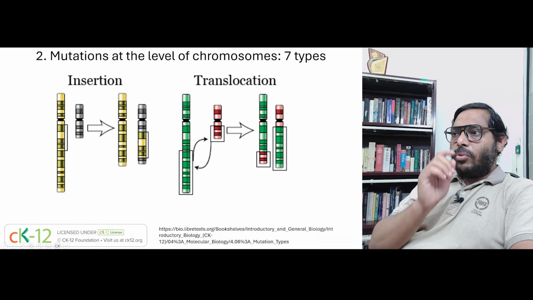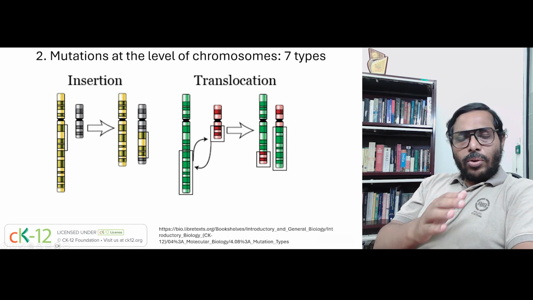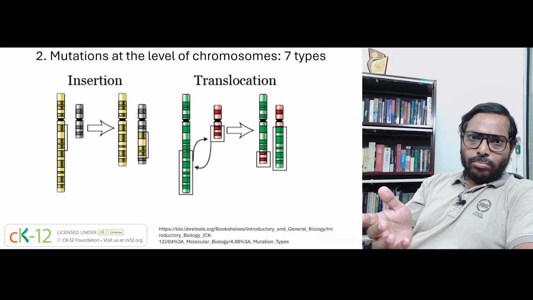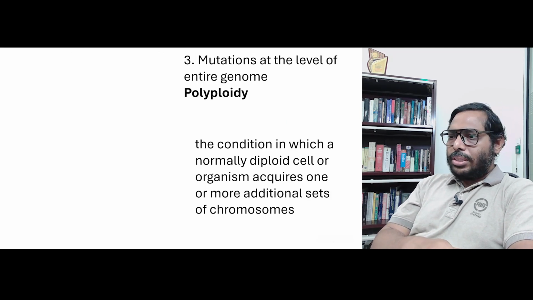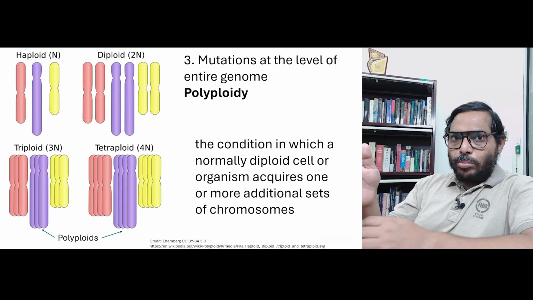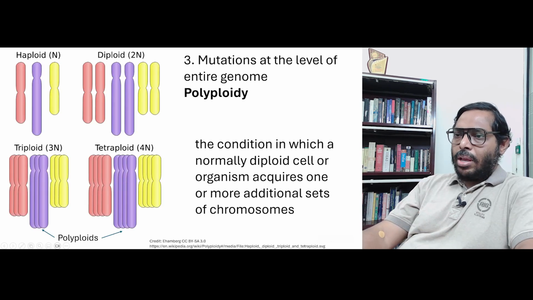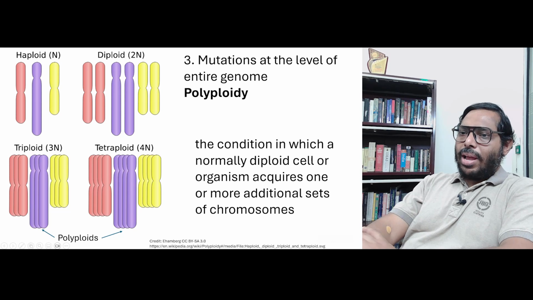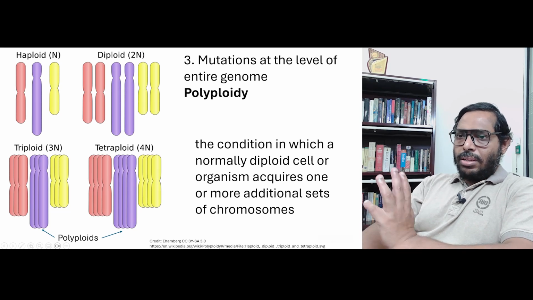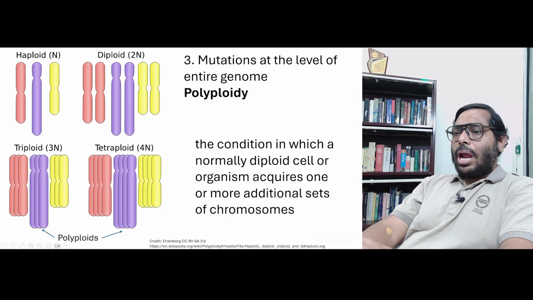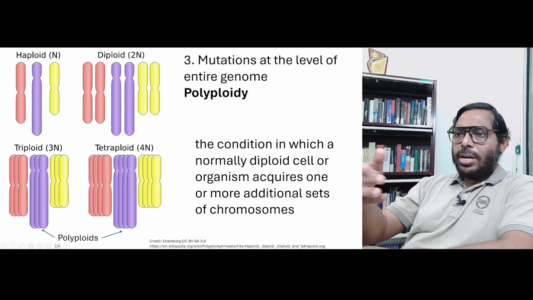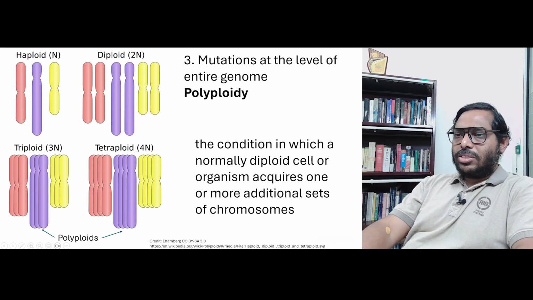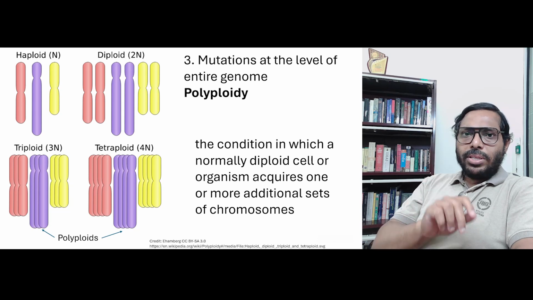We have already seen what happens when you have mutation at the level of the entire genome, polyploidy, the condition in which a normally diploid cell or organism acquires 1 or more additional sets of chromosomes. Set means the entire set. So, for example, let us say you have a haploid which is n, here we are talking about 3 chromosomes, and then it doubles, that is the diploid condition, you have 3 plus 3, 6 chromosomes where each chromosome is in 2 copies.